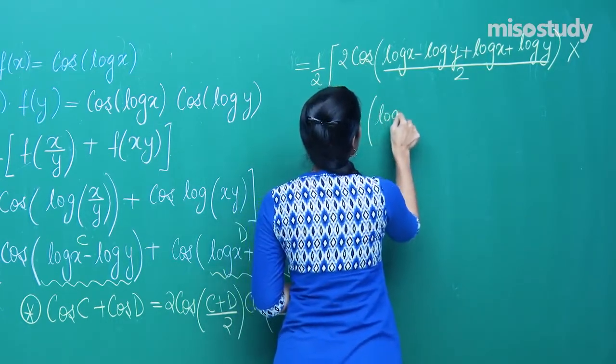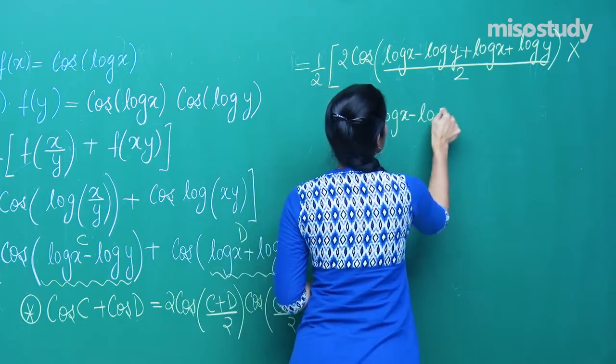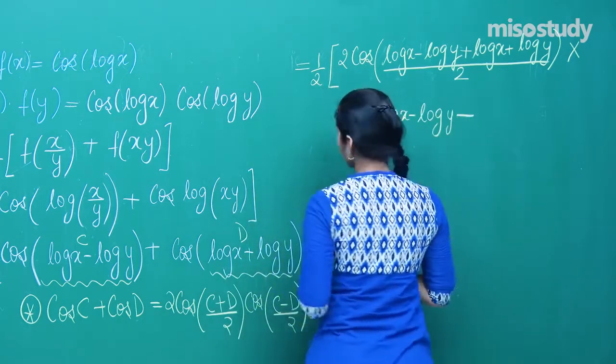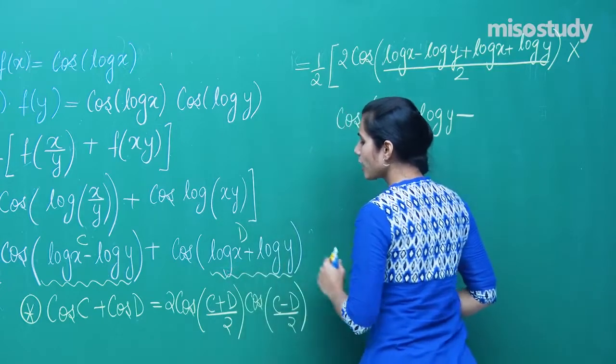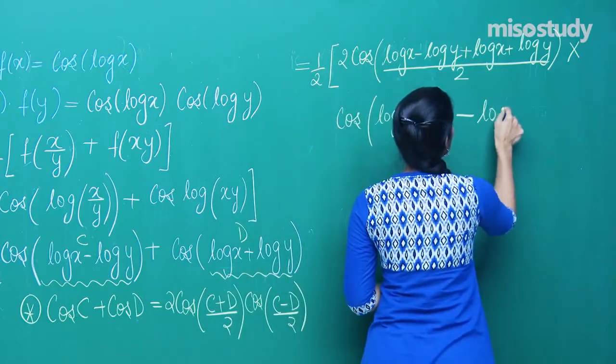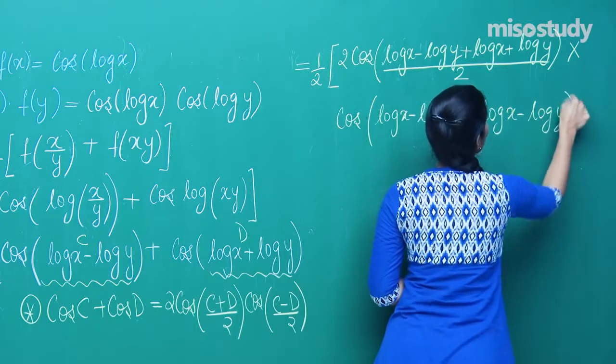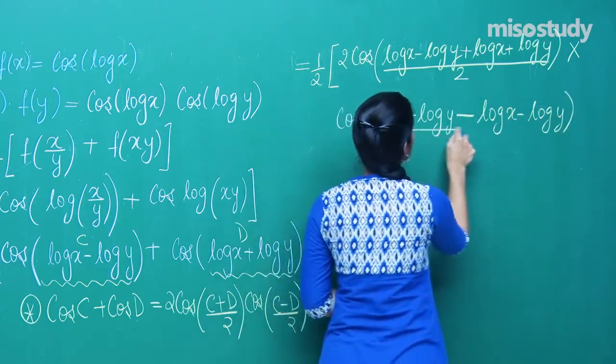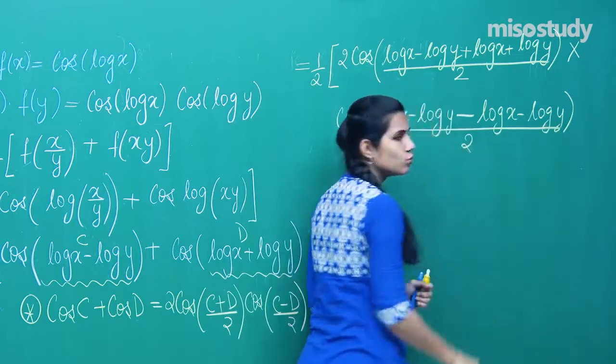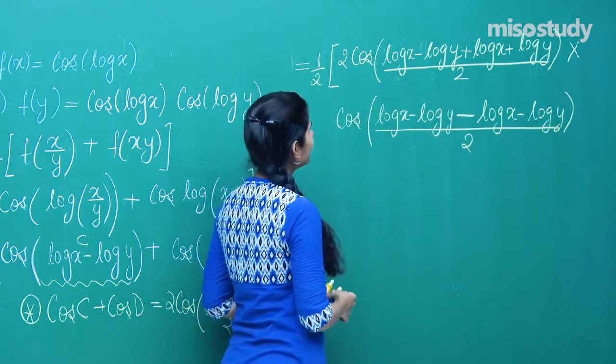So c is log x minus log y, minus d, which is log x plus log y. So you have minus log x minus log y by 2. So what is it that you get?